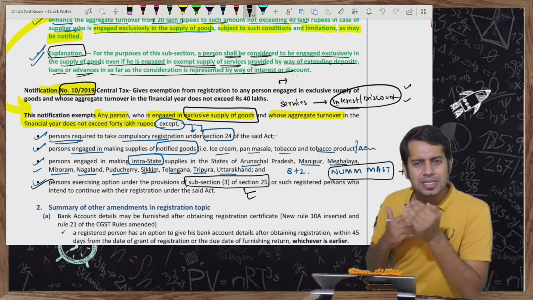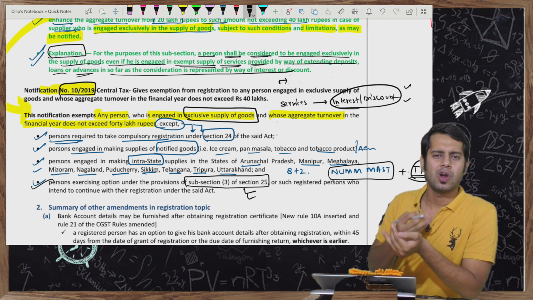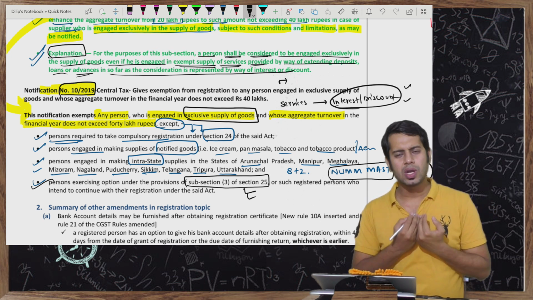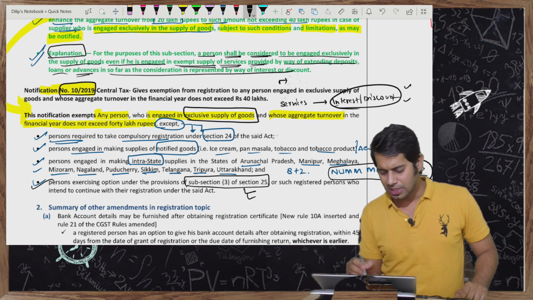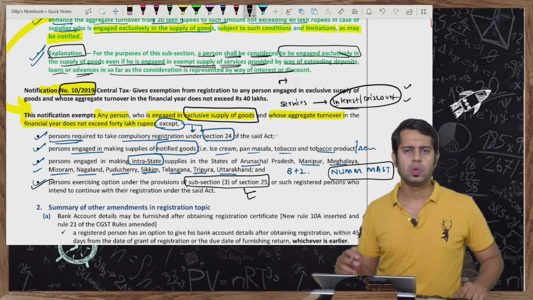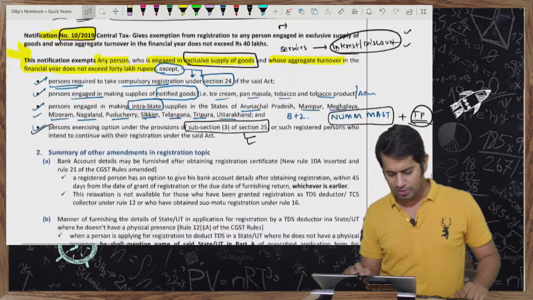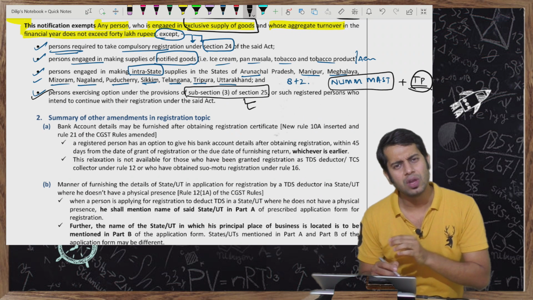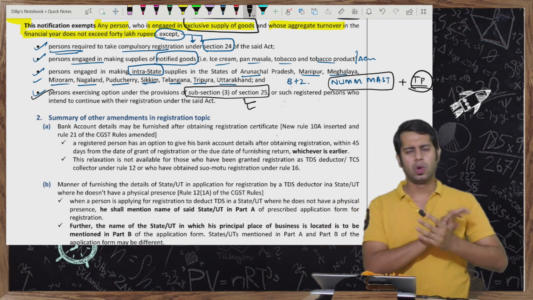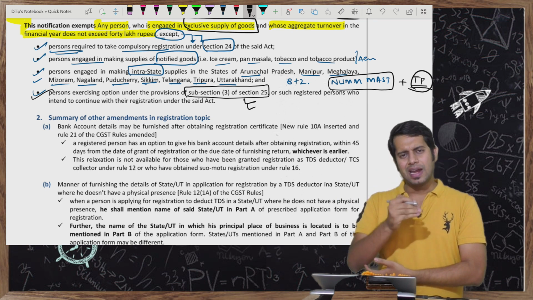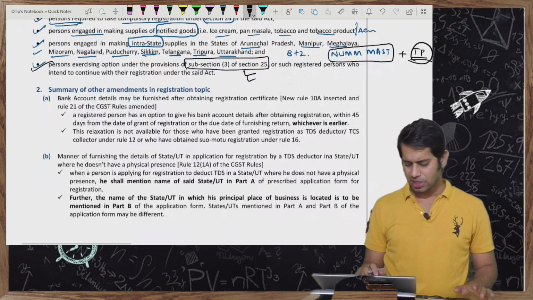So if you are supplying services of extending deposit, loans, etc., for which you are earning any interest, even in such cases, you will be called a person who is exclusively supplying goods. So this is just the notification which was already there, notification number 10/2019. To incorporate the changes in the section, they have added one proviso and also an explanation is given.